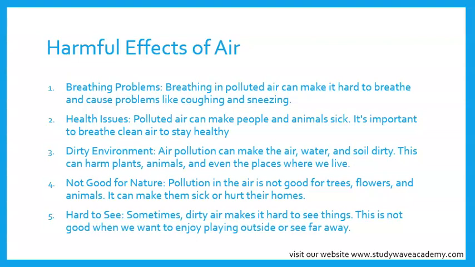It affects everywhere. It can harm the plants, animals, and also the places we live, our houses. Not good for nature. Pollution in the air is not good for trees, flowers, and animals. It can make them sick or hurt their homes. Do we understand?